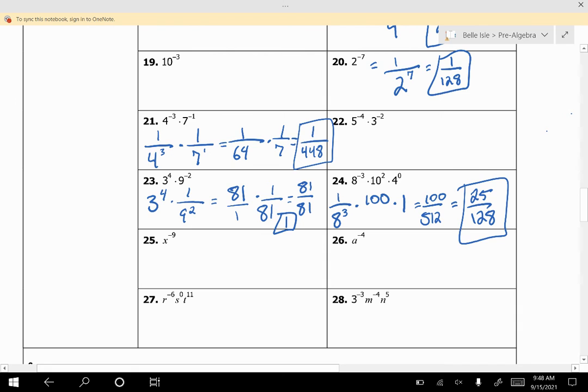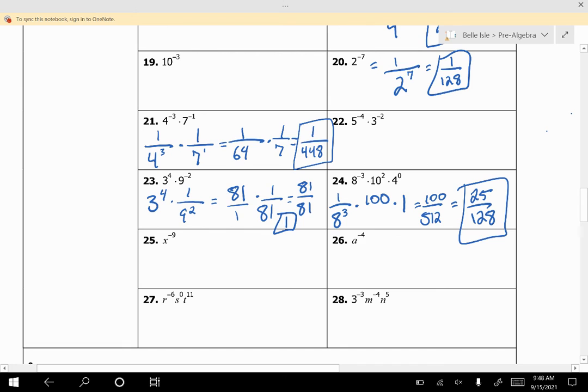That's going to come out to be what? Yeah, 1. Anything over itself is going to be 1. Okay, if you ended up getting 81 over 81 and that was your final answer, you'd get a 3 or you'd get a 3.5. Okay, it's still a good answer. The best answer is simplified.